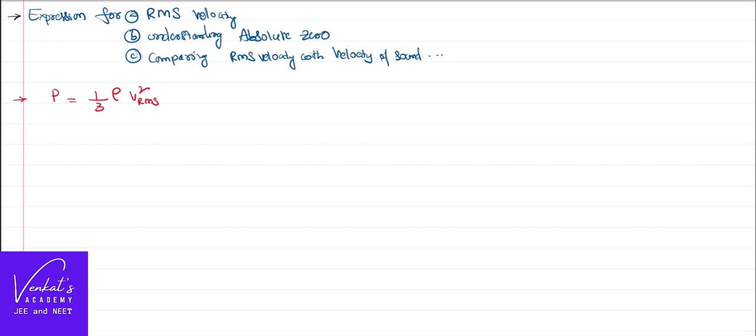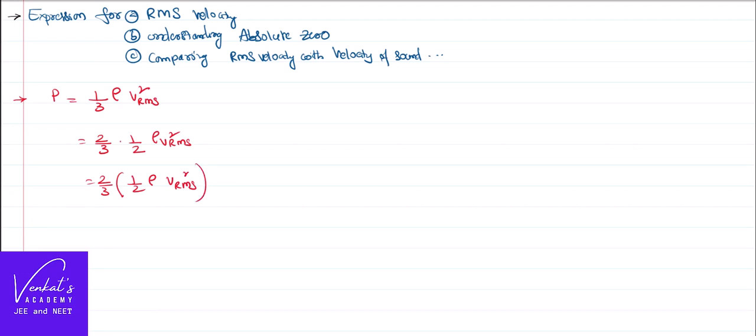Say, let us multiply this equation with 2 and divide with 2 so that you can get another format. 2 by 3 multiplied and of course 1 by 2 divided, with 2 rho VRMS square. Now this is equal to 2 by 3 of what is remaining, which is half rho VRMS square.